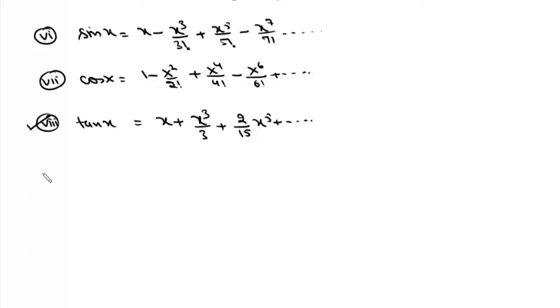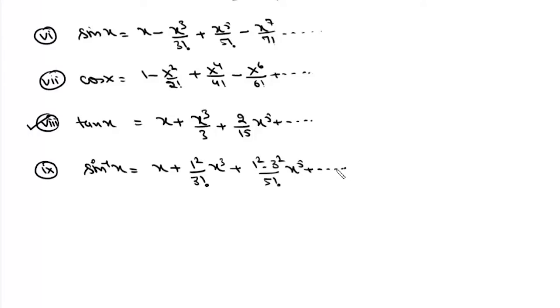Then we have expansion formulas for sine inverse and tan inverse. The expansion formula for sine inverse of x is x plus 1 square upon factorial 3 x cube plus 1 square 3 square upon factorial 5 x to the power 5, and so on.